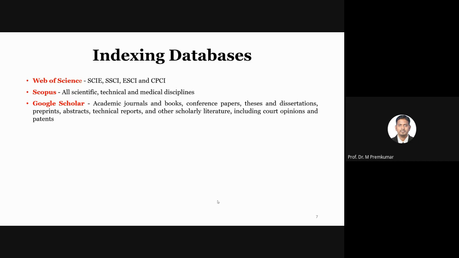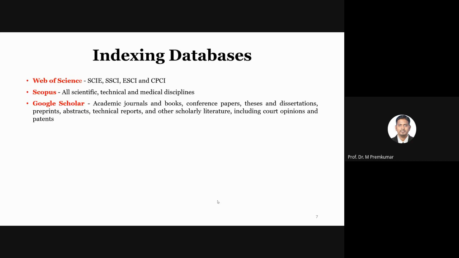Okay, or else to start with, no, I am starting my research career now, so then what I have to do? Yes, you people just try to focus on the Google Scholar. So getting papers in Google Scholar is easy, but it is not in the case of the Scopus and Web of Science. Okay, even in the Web of Science and Scopus, we will be having some kind of quartiles like Q1, Q2, Q3, Q4.